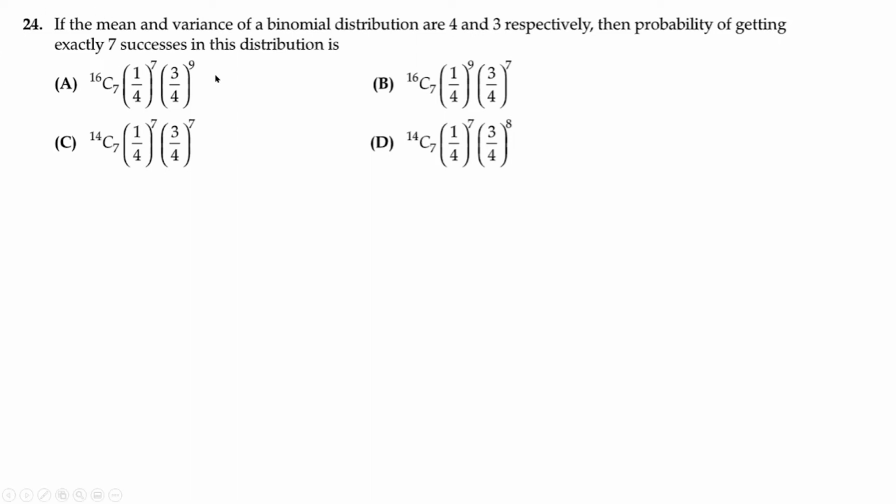Next question, if the mean and variance of a binomial distribution are 4 and 3 respectively, then probability of getting exactly 7 successes is. Now we know the mean of the binomial distribution is given by np and the variance is given by npq. Mean is given as 4 and variance is given as 3.